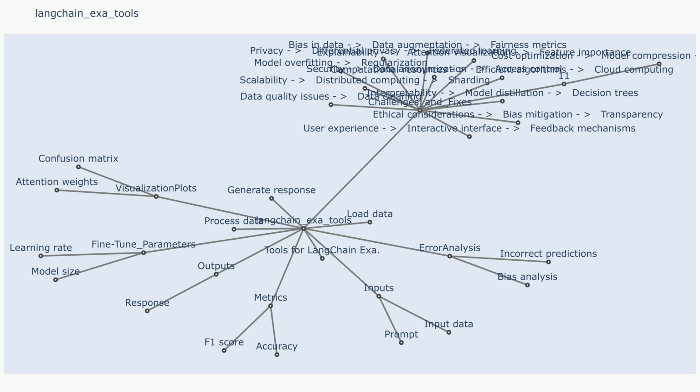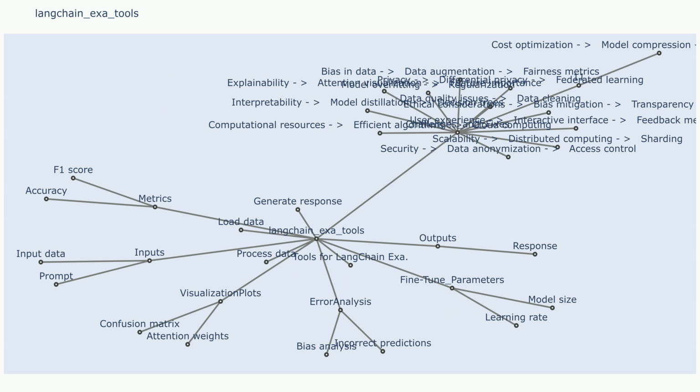Input 2: user prompts and instructions that specify the desired tasks and outputs from the Langchain models. Output 1: processed data, insights, and results generated by Langchain based on the provided inputs. Output 2: summarized information, visualizations, and reports that facilitate understanding and decision-making.